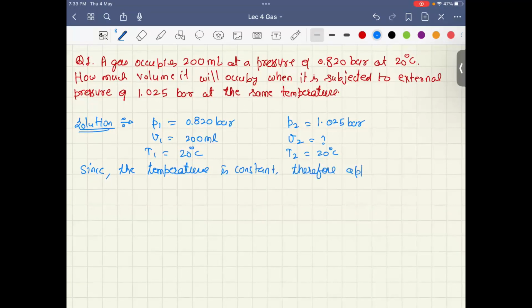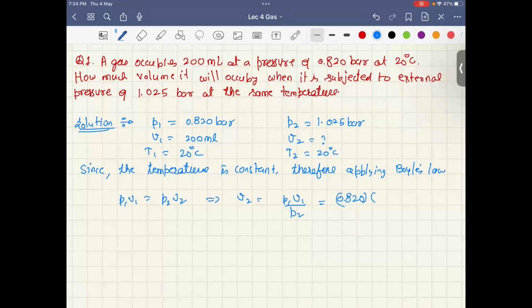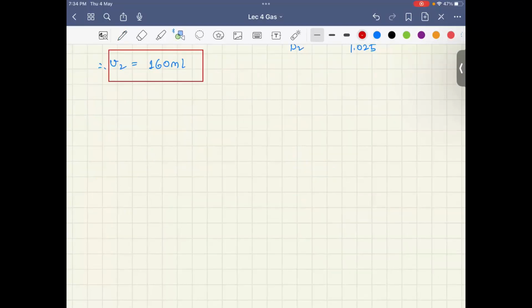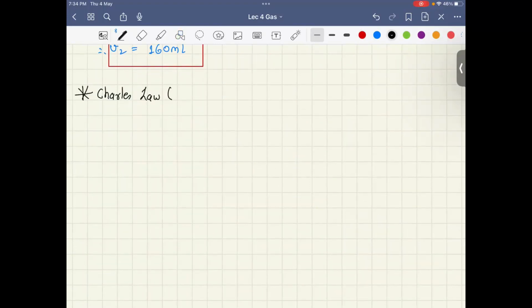Therefore, applying Boyle's law, P1 V1 equals P2 V2, which implies V2 equals P1 V1 by P2, which is 0.820 bar multiplied by 200 ml divided by 1.025 bar. Therefore, V2 is going to be 160 ml.